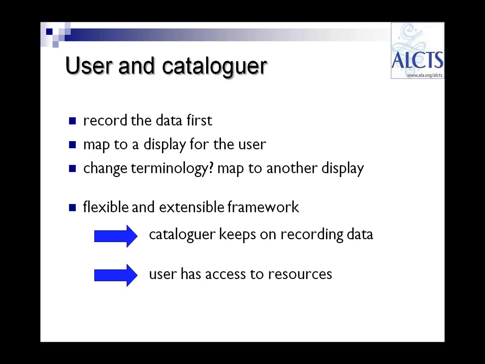These are just rigorous and consistent categories that then can be used to create a display for the user. And so the cataloger is not stopped in their tracks. They can keep on recording data, and the user has obviously access to the resources because we're not all thinking about how to deal with new types of resources.